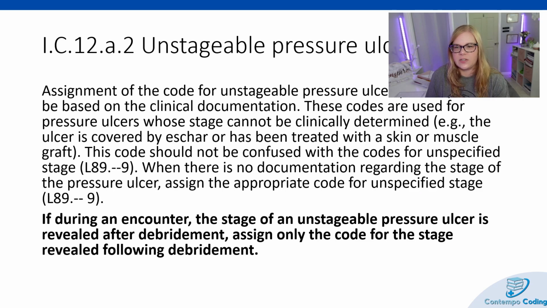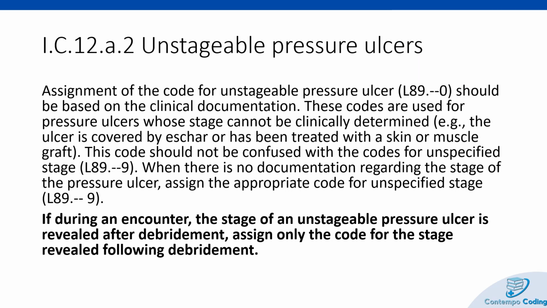A little change to section 1C12A2, unstageable pressure ulcers. If you look here at the very end, it says if during an encounter the stage of an unstageable pressure ulcer is revealed after debridement, we assign only the code for the stage revealed following debridement.